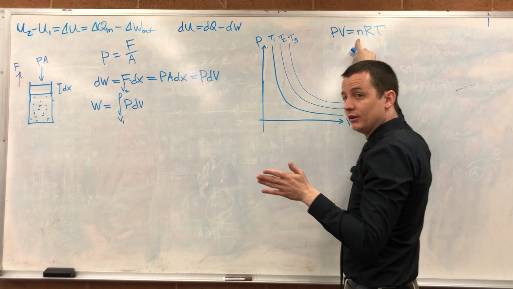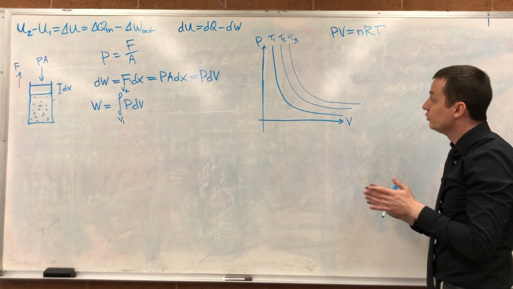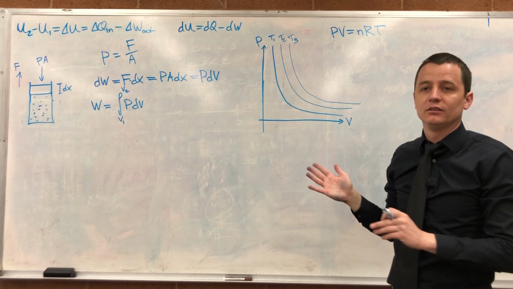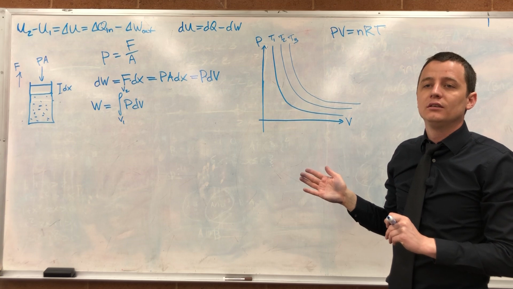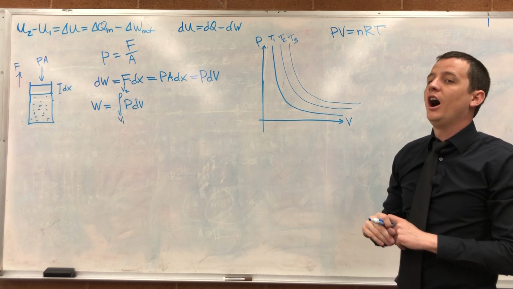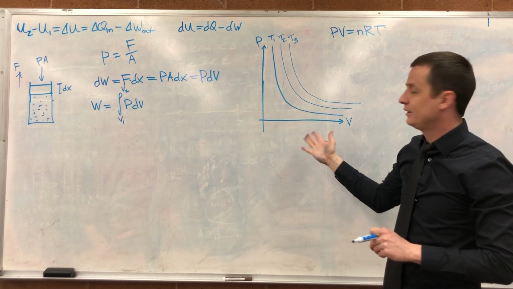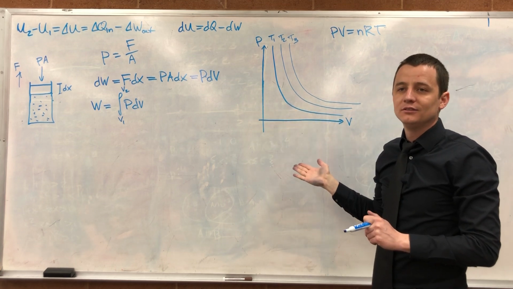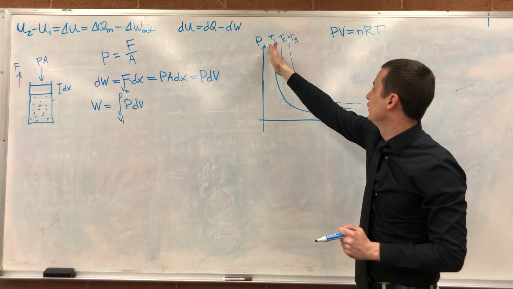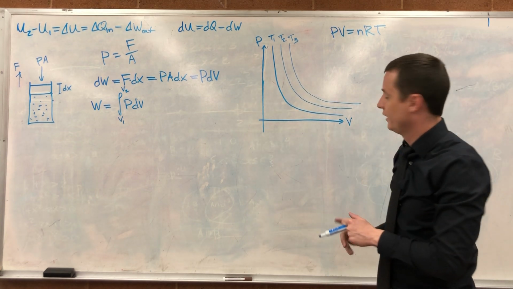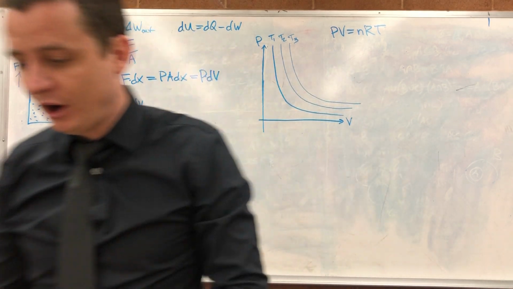It can graph temperature. I don't know what you mean by graph temperature. There's no temperature axis on here. Yeah, but I'm plotting all the points where the temperature is the same. What is that temperature? I don't know. I just know that here's what it would look like for all the temperatures the same. Okay. Good? I see. Okay.